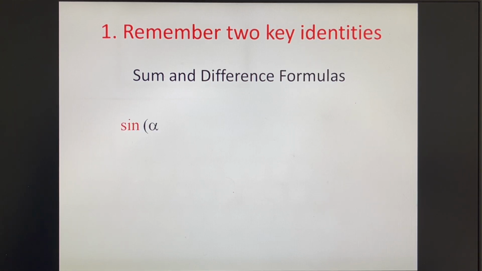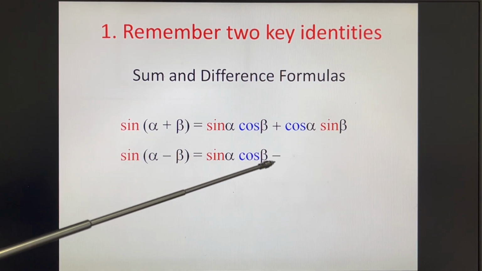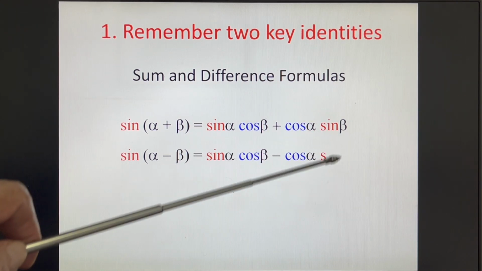sine alpha plus beta equals sine alpha cosine beta plus cosine alpha sine beta. Sine alpha minus beta equals sine alpha cosine beta minus cosine alpha sine beta.